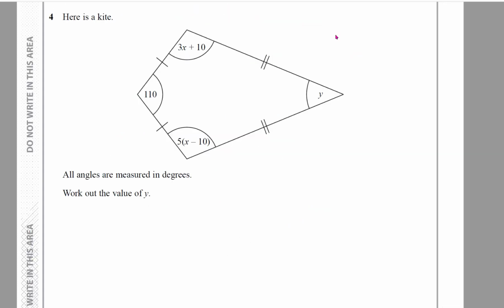Right, here's a kite. All angles are measured in degrees. Work out the value of y. So we know it is a four-sided shape, so we're going to be working with a total of 360 degrees. Now it is a kite, and we can see it has a line of symmetry here.